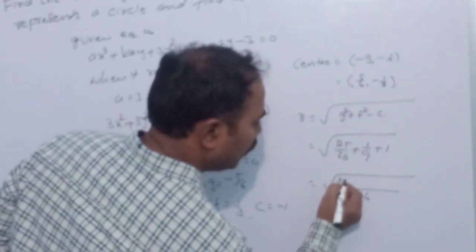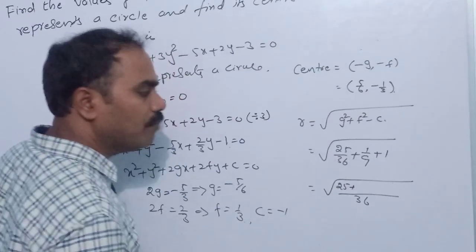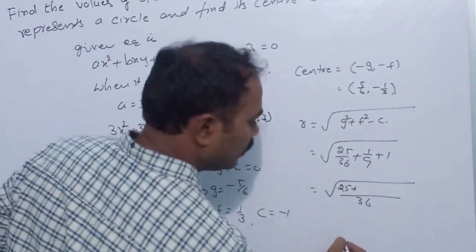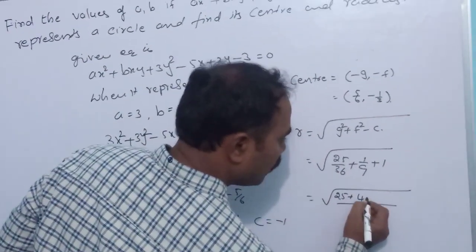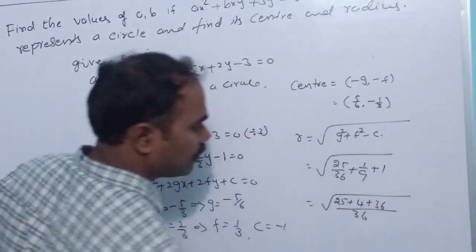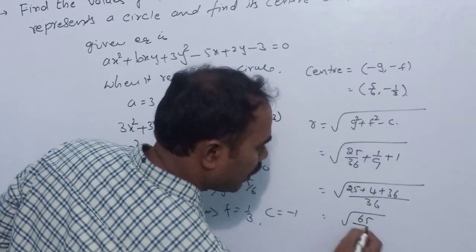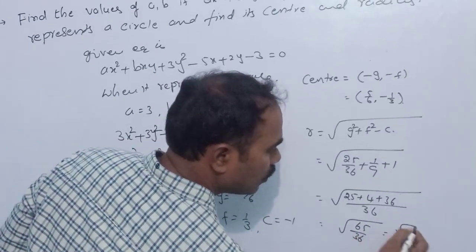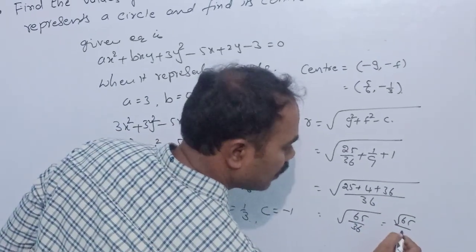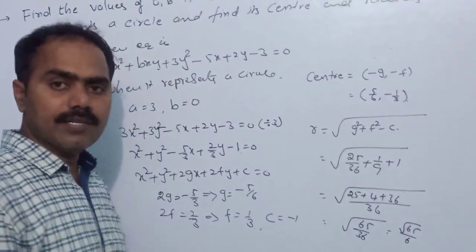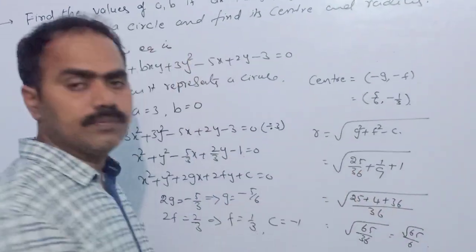The numerator will be 25 plus 1 by 9 into 36 is 4, plus 36, so root over 65 by 36, which is root 65 by 6, the radius of the circle.